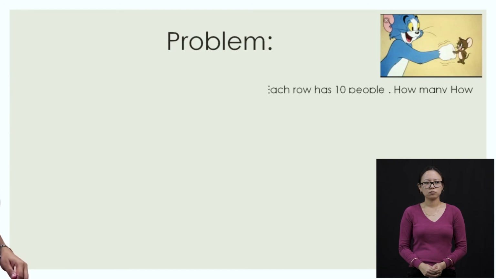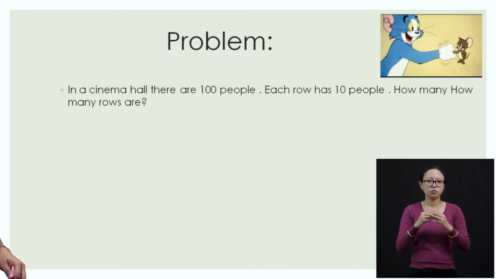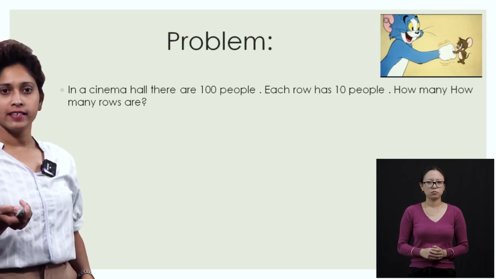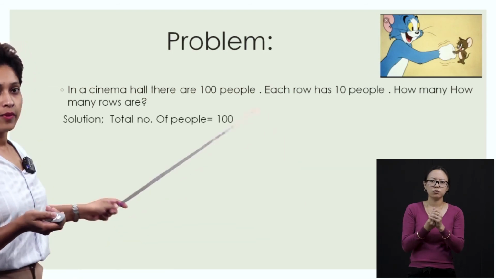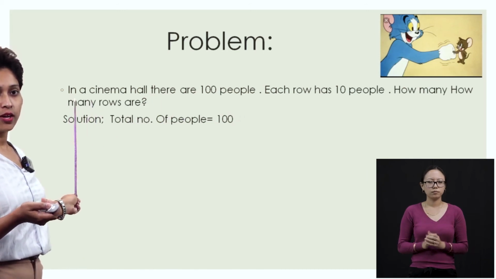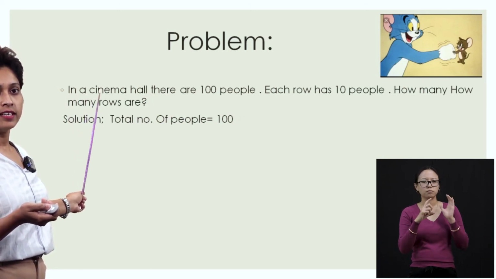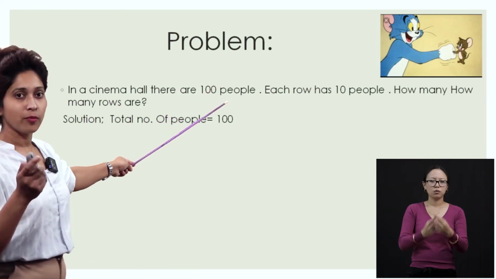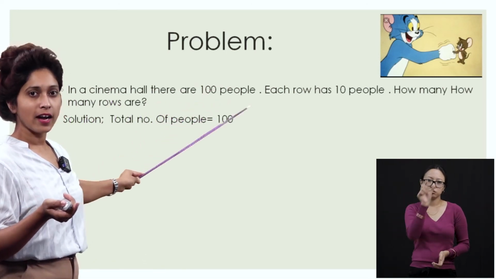Then we have another question again. Let's try to solve it together. What is the question? Try to read it, all of you. In a cinema hall, there are 100 people. How many people are there in the cinema hall? 100 people.